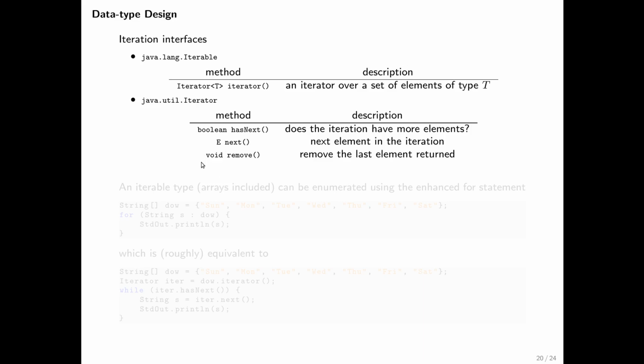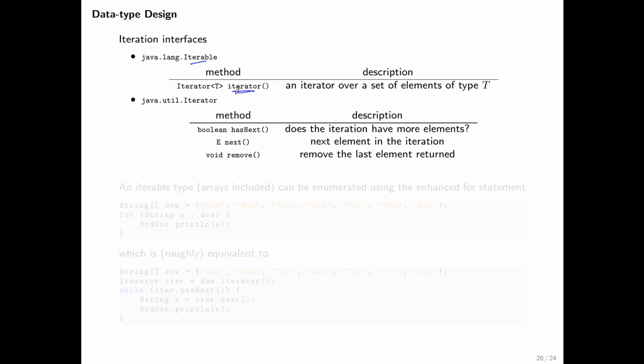Now, we are not going to provide an implementation for remove at all. So our iterators are not going to support the remove operation. So we will leave this implementation empty all the time, right? But we will provide implementations for these two methods. Okay, so to summarize, the way you make some data type iterable is that you have the data type implement the Iterable interface, which means you need to provide an implementation of this method.